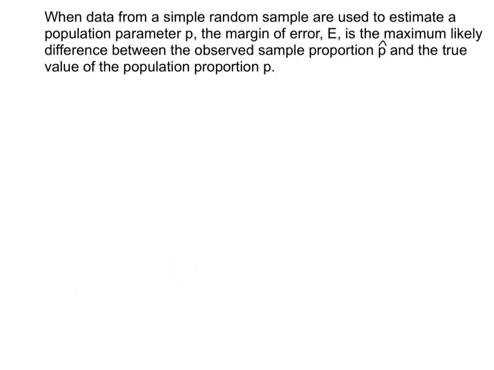When data from a simple random sample are used to estimate a population parameter, and p is our population parameter, the margin of error, E, is the maximum likely difference between the observed sample proportion, p hat, and the true population proportion.